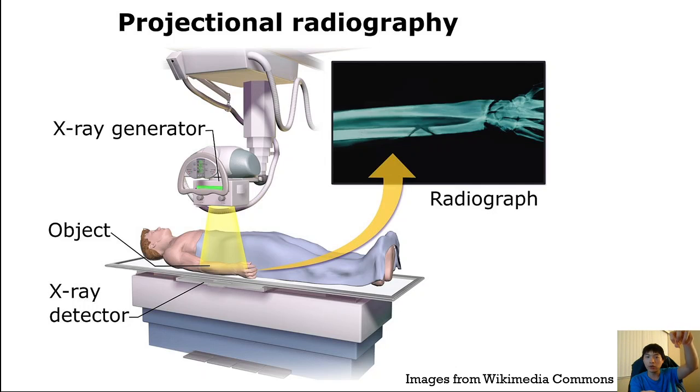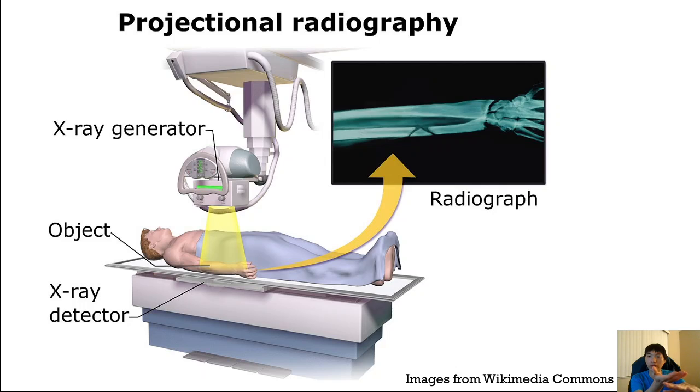The X-rays go into your hand, and some of the X-rays will get absorbed or reflected or scattered by your hand. Usually the denser parts of your hand will scatter, reflect and absorb more of the X-rays. So what you're receiving, your signal, is the X-rays that are not absorbed or reflected or scattered.